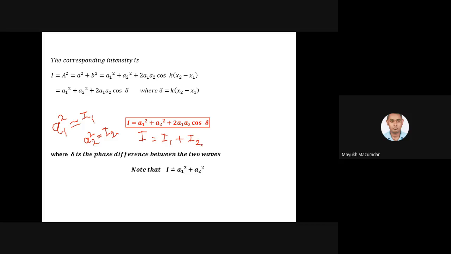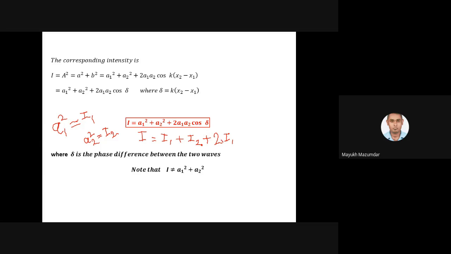Had this been the only thing, then what would we have got? We would have got simply an intensity which is the sum of the individual waves' intensities. No, but we are getting a term which is changing constantly. That is, a1 square is I1, so a1 would be root over I1.